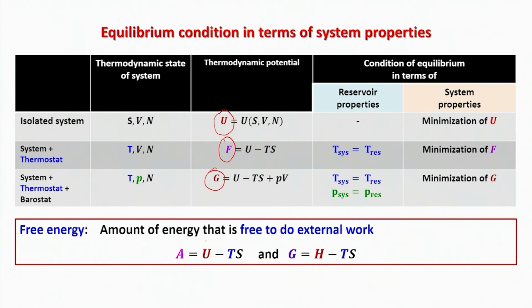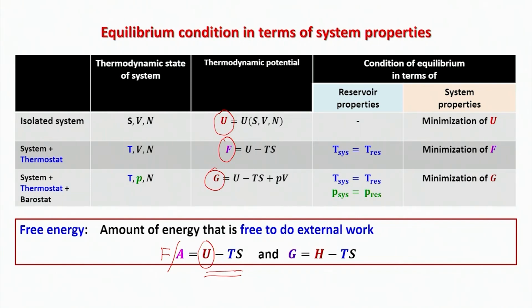A system has a net energy content of U, and usually the Helmholtz free energy is also given the symbol A. So if a system has an internal energy U and it is being maintained at a given temperature T, then U minus TS is the amount of energy free to do external work. Why is that so?